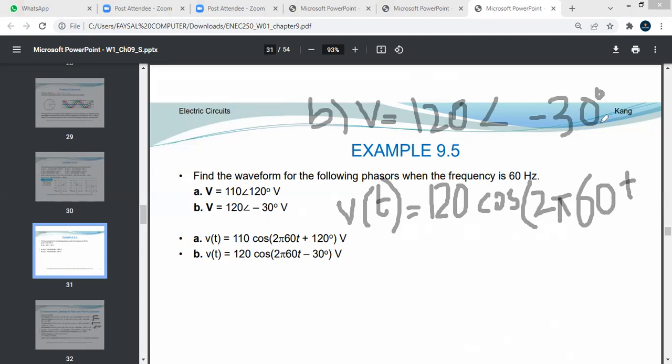Then there is a negative. By default the value is positive always, but my value is negative, so you have to put negative 30.